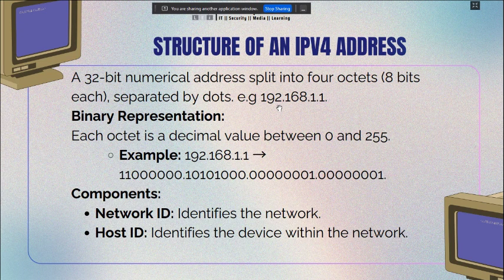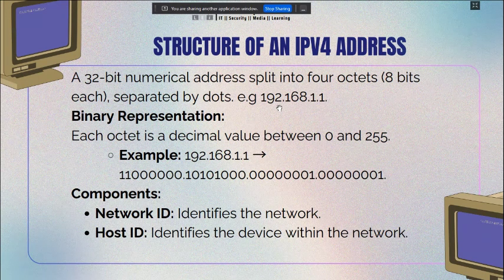For example, if you're looking at your screen, you see 192.168.1.1, so each of these represents an octet. Now if you convert this 192.168.1.1 into binary, this is what you'll have: an 8-bit number, then a dot, another 8-bit number, dot, another 8-bit number, dot. That is what you get when you convert it from decimal to binary.